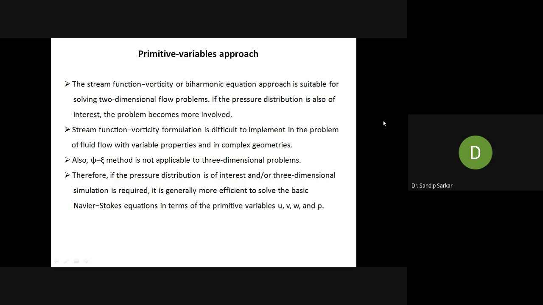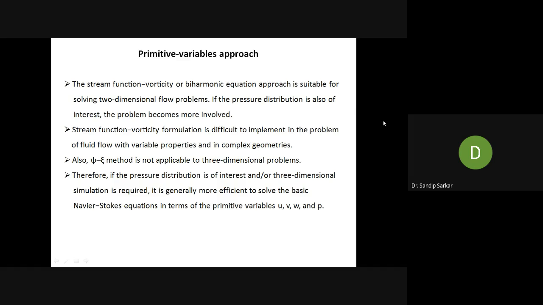This is the most powerful method that is adopted by all commercially available CFD software or CFD packages, whether it is ANSYS Fluent, COMSOL, CFX, whatever software you come across.